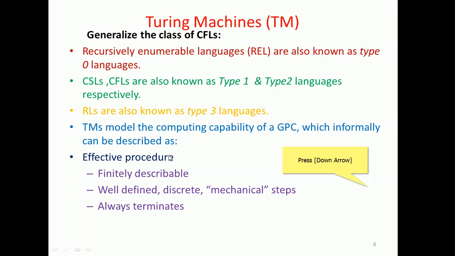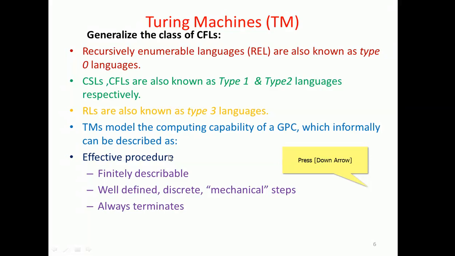The output may be useful for the real world, and the input is the raw material entering that algorithm. So well definedness is essential, and also the steps are discrete, mechanical steps of course.